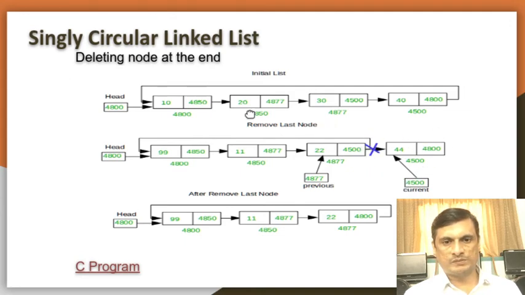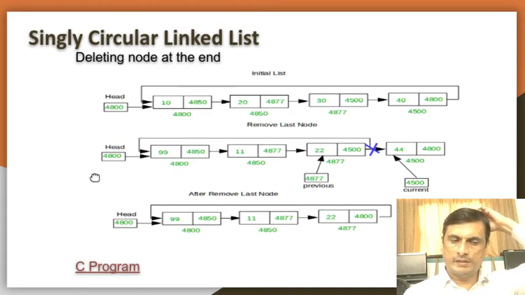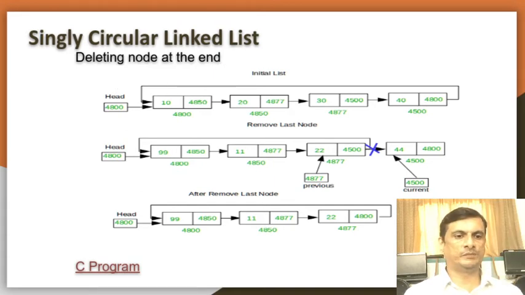So this pointer must be rearranged to current next. The previous next must be pointing to current next, and head must be pointing to previous next. With these two instructions, the last node will get deleted. That is the simple logic applicable for deleting a node at the end. We'll exhibit this with a program.